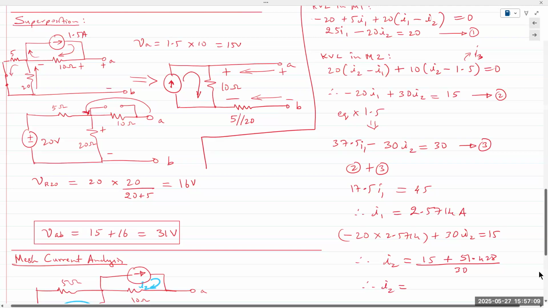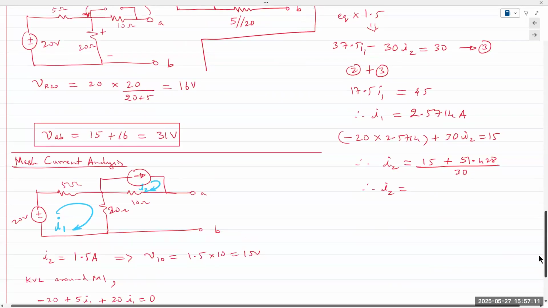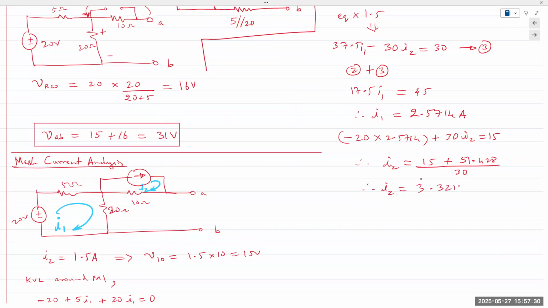Therefore, I2 is 51.428 plus 15 divided by 20, which is 3.3214. I don't know if this is correct or not.